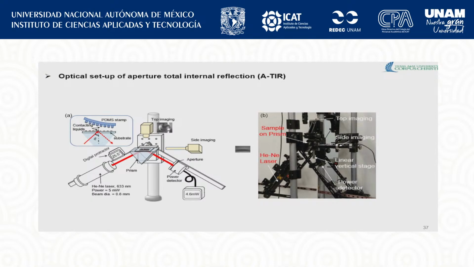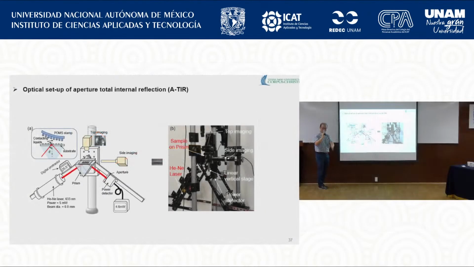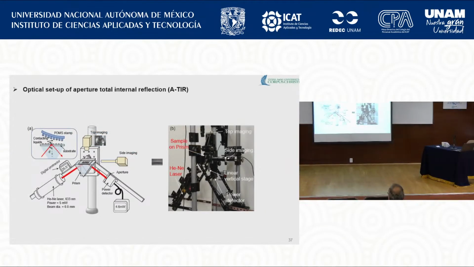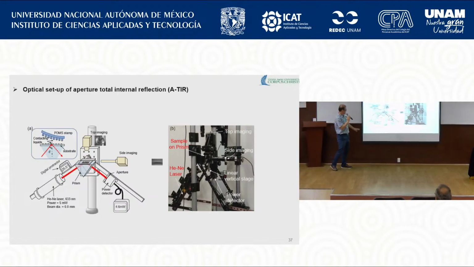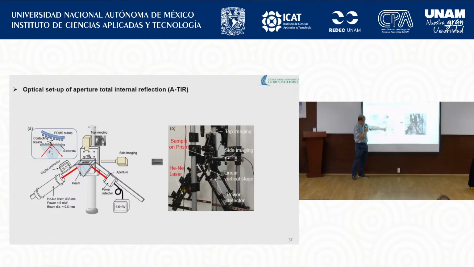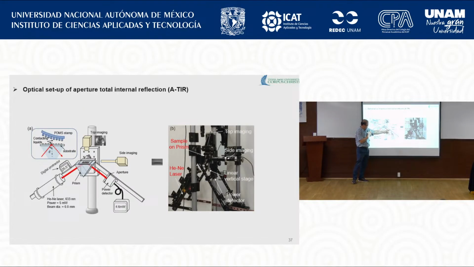Yes, it's a similar one. Okay. Well, by the way, we put a detector here, which is also very similar to Dr. Augusto's laboratory setup. But we put the detector, and also we put an aperture with a different radius.